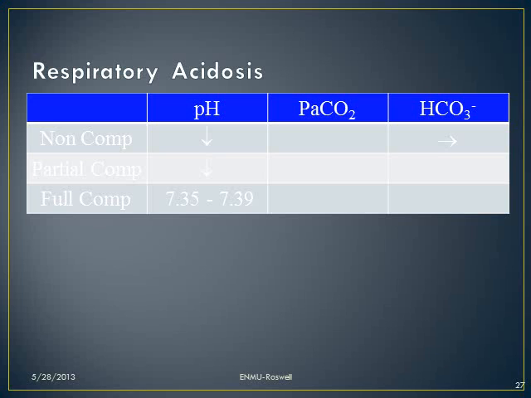But notice that's on the acidotic side of normal, because true normal is 7.4. So fully compensated, they'll have a pH of 7.35 to 7.39. Their CO2 levels will be high, and their bicarb levels will be high, because the bicarb is what's compensating for it.